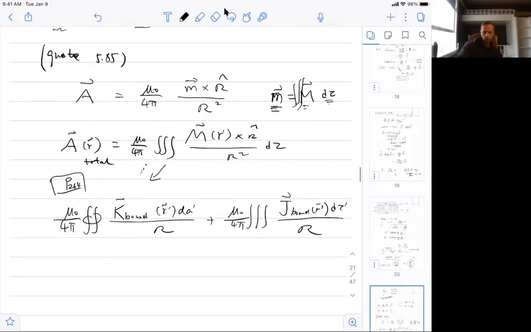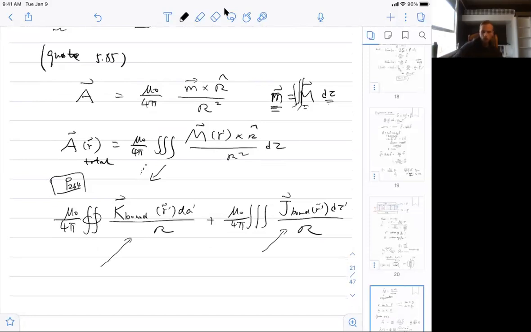So this is the process of magnetization. You can view the magnetic field produced by this material that's being magnetized as equivalent to there being some surface current producing the magnetic field, and some volume current producing the magnetic field.